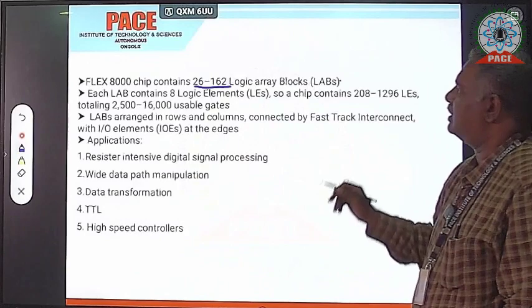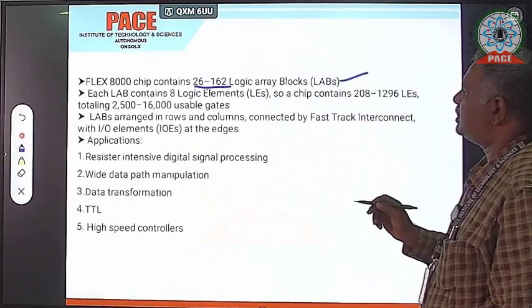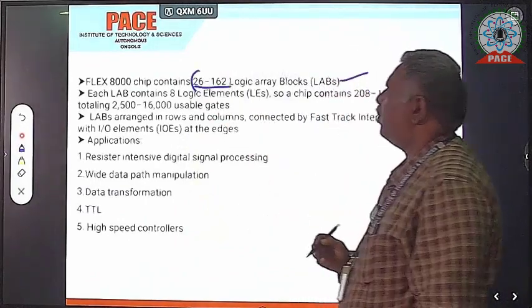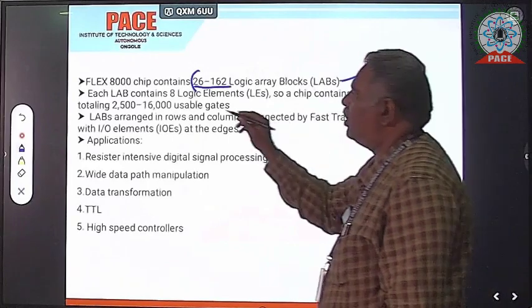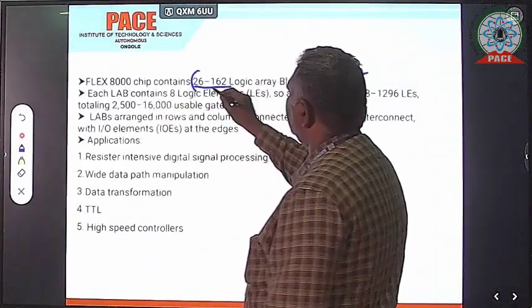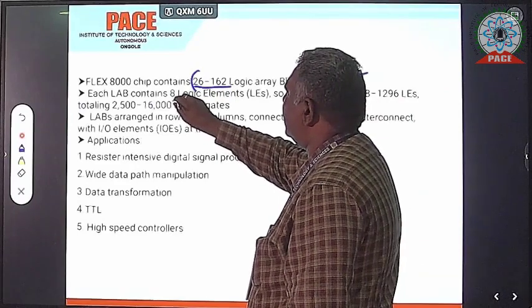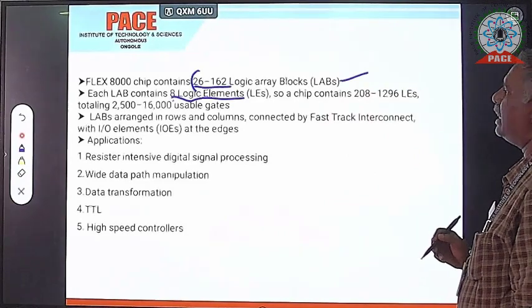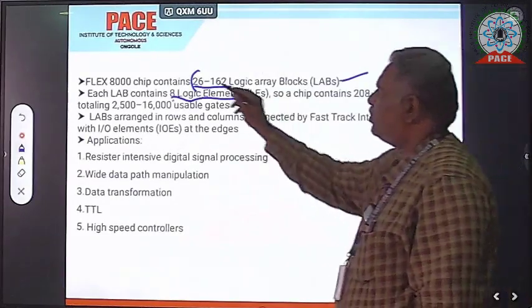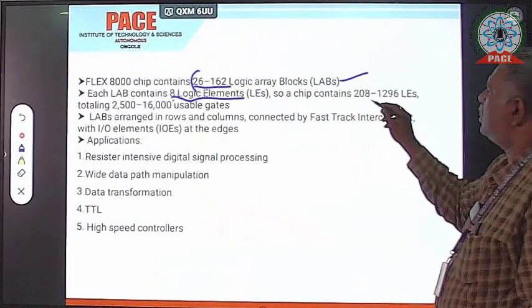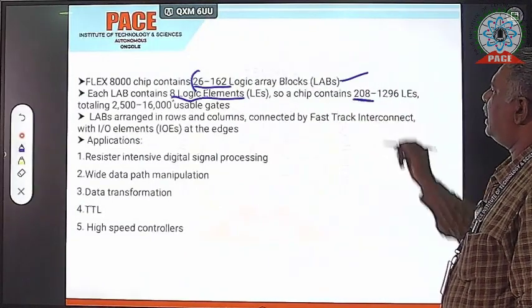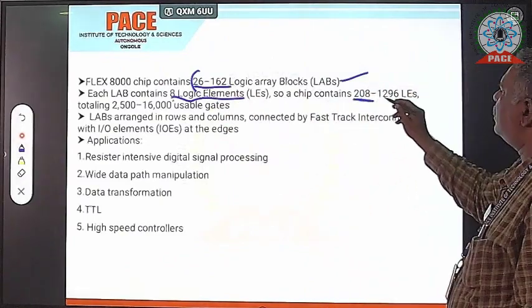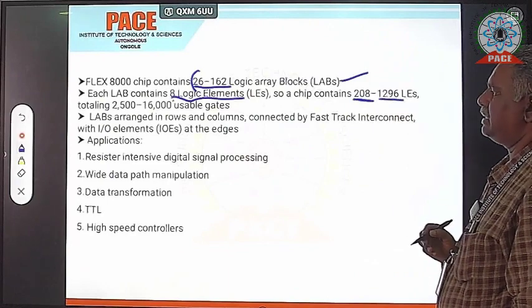Each LAB contains 8 logic elements. So for example, if you multiply 26 into 8, we have 208 LEs. Similarly 162 into 8, we are going to have 1296 LEs.